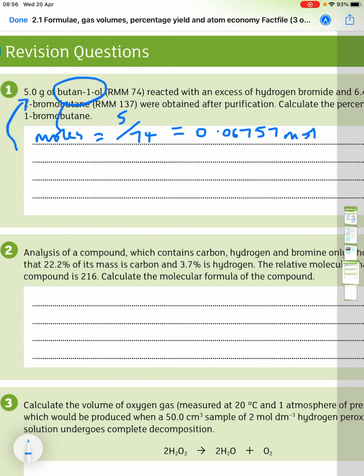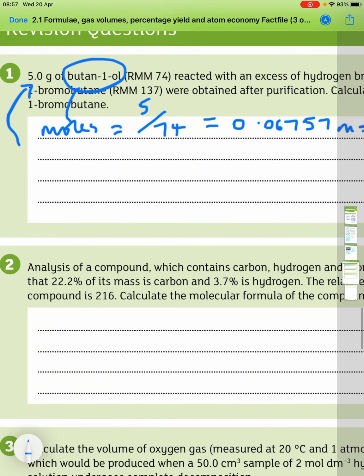The moles of bromobutane would be the same, because it's just a straightforward substitution reaction, so you're substituting the OH in the alcohol for bromine in the bromobutane. So we have 0.06757 moles of the bromobutane.